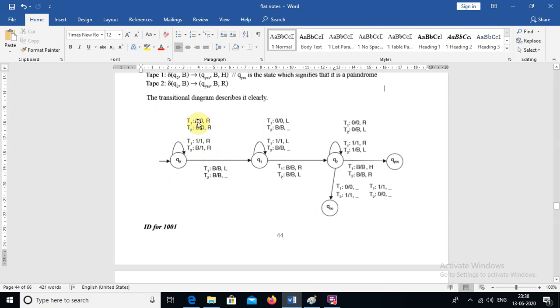So in tape 1 you find 0, in tape 2 you have a blank, so you can replace this blank by 0. In the same way, in tape 1 you find a 1, replace it with 1, but in T2, if you find a blank, it should be replaced with 1. So move it to right.